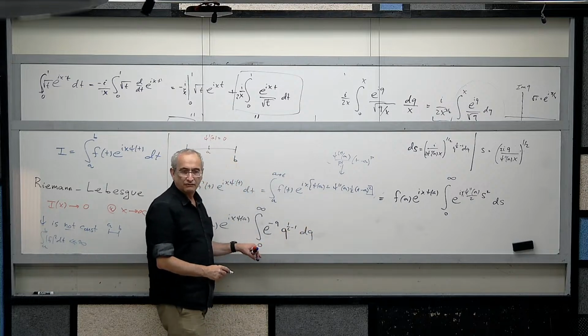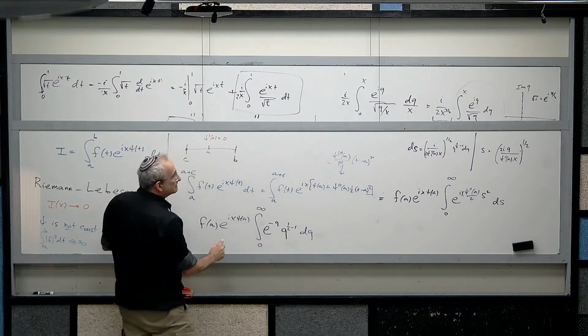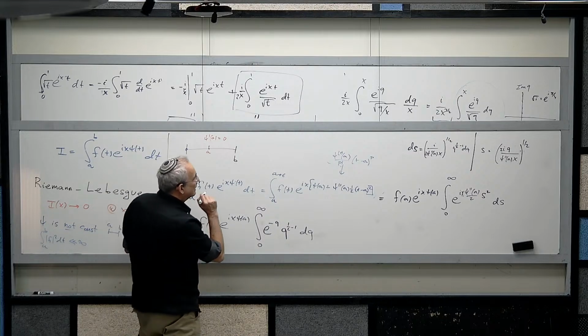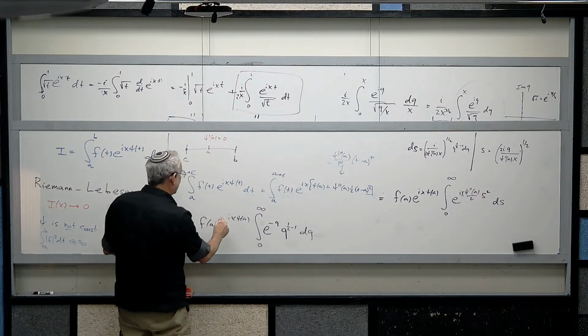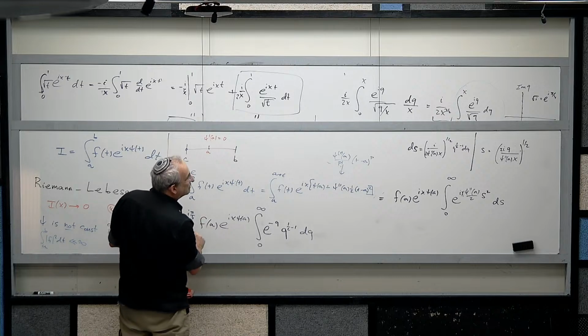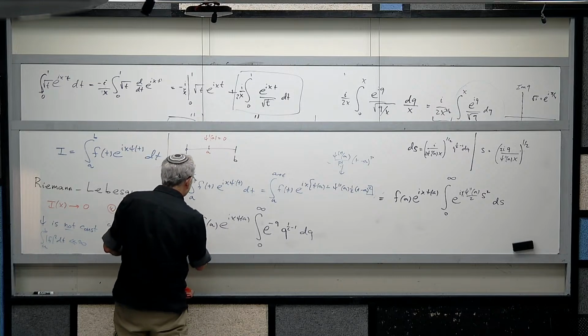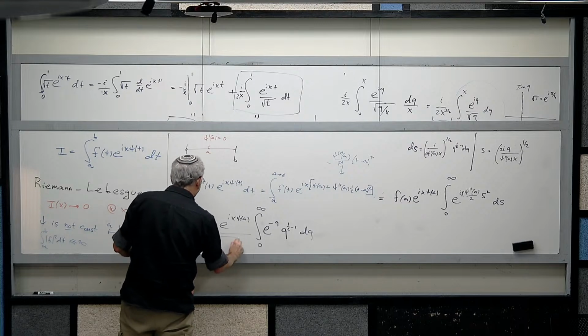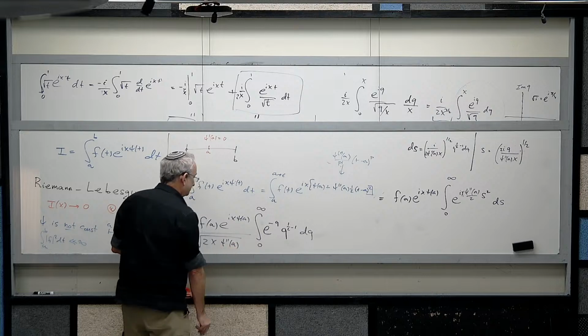That's a gamma function of 1/2, and I have to multiply all that by e to the i pi over 4, divided by square root of 2x psi double prime of a.